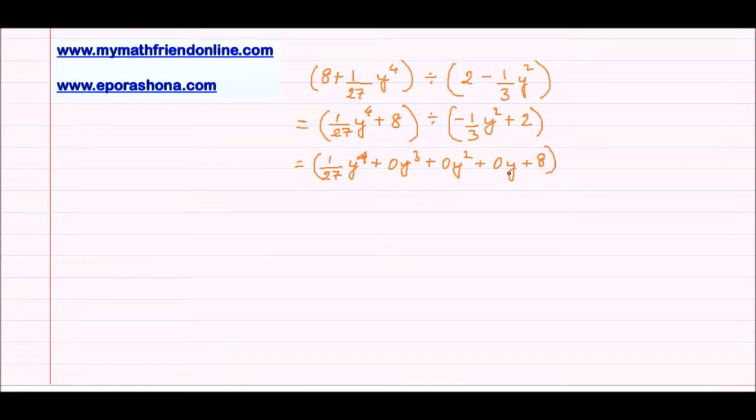This is our final form of the dividend, divided by minus 1 by 3 y square plus 2. The divisor can be kept as it is. See, in this divisor, we do not have any term containing y to the power of 1 or y. But we can keep the divisor as it is. We need not insert any term containing y.